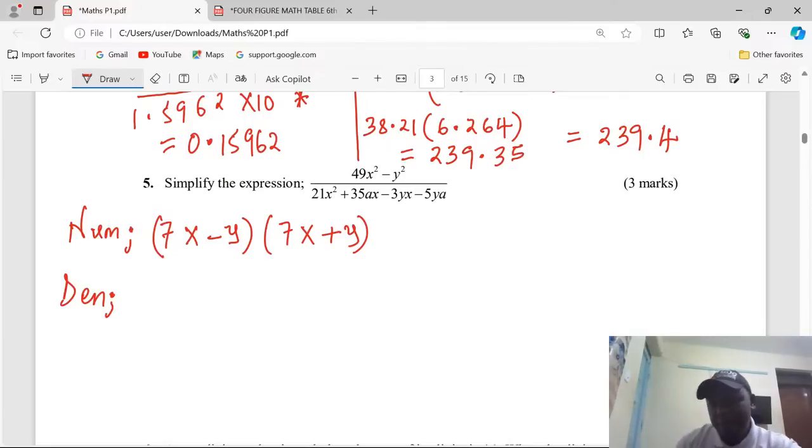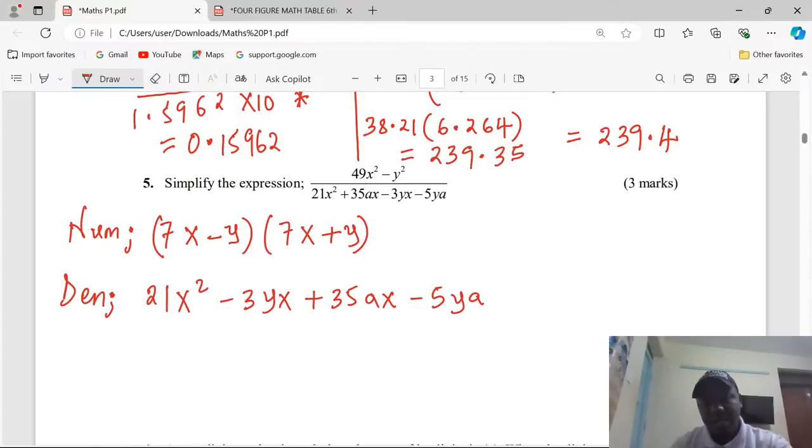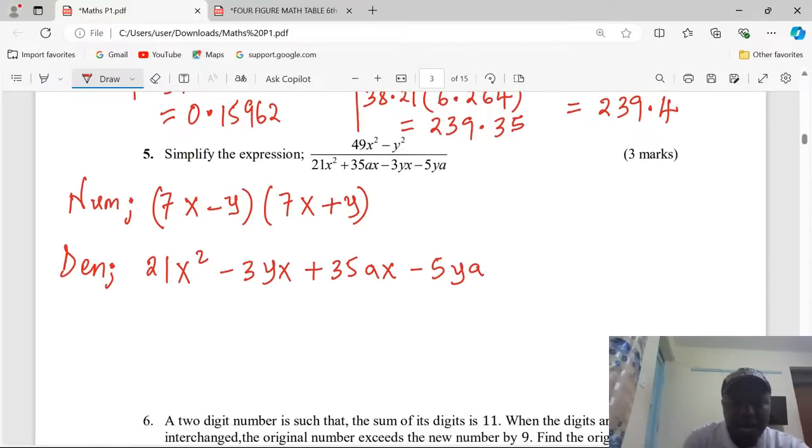And so we can make a sober judgment of swapping some of the terms in the denominator. Instead of starting with 35, we can start with 3yx, then we add 35ax, minus 5ya. I've just swapped the middle terms, so that when I factorize 3x in the first two terms, I remain with 7x minus y.